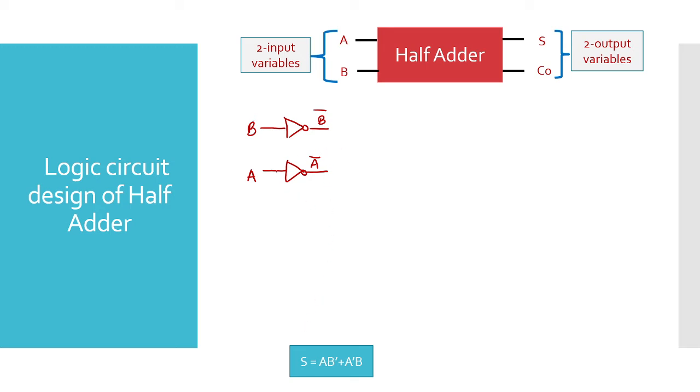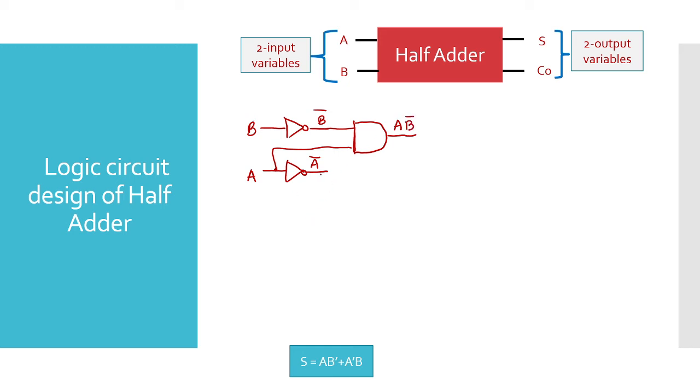Here you take A, and the dot operator you map as an AND gate. This AND gate gives you A B complement.